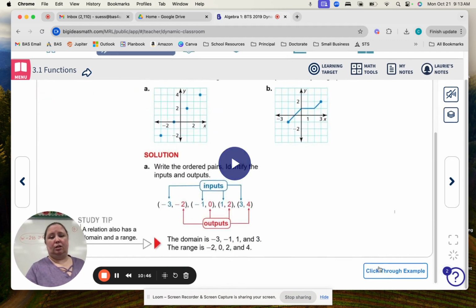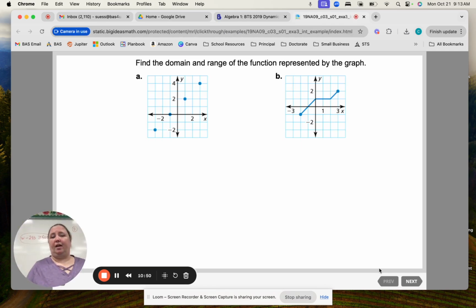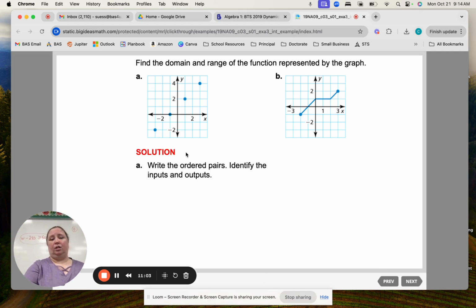So let's look at the next example. We're going to find the domain and range of the function represented by the graph. So you need all of the input values and all of the output values. For A, we could look at these ordered pairs, right?